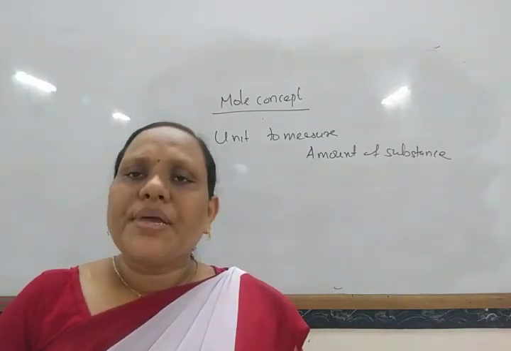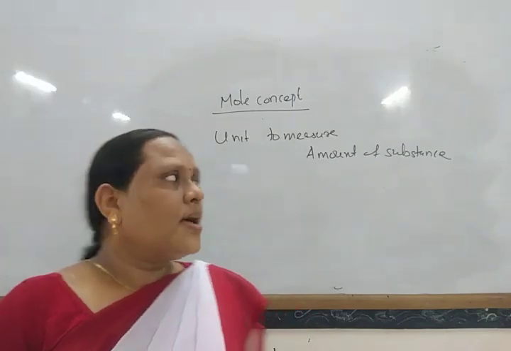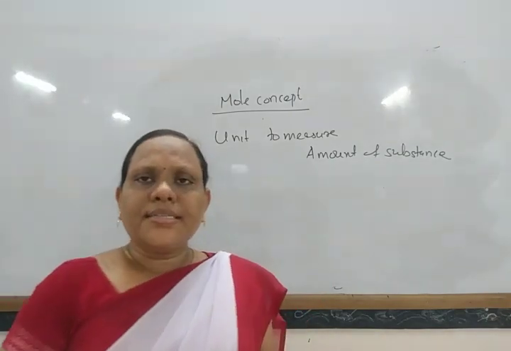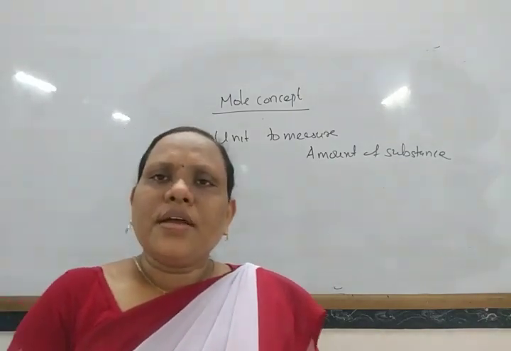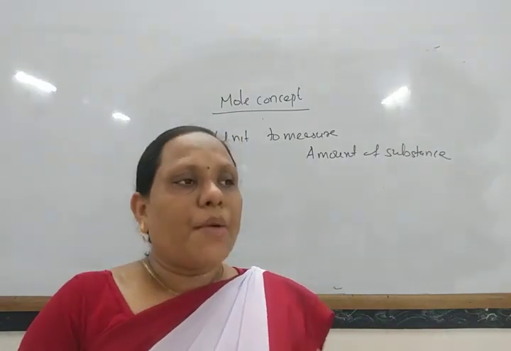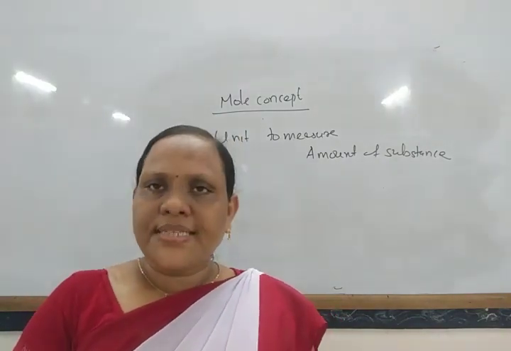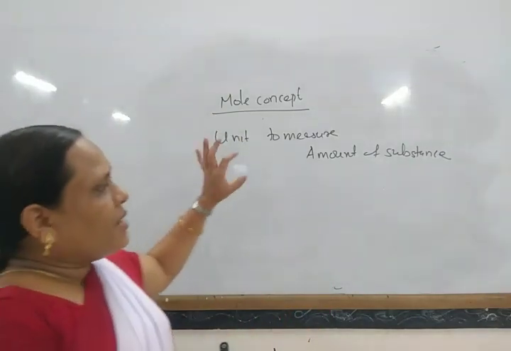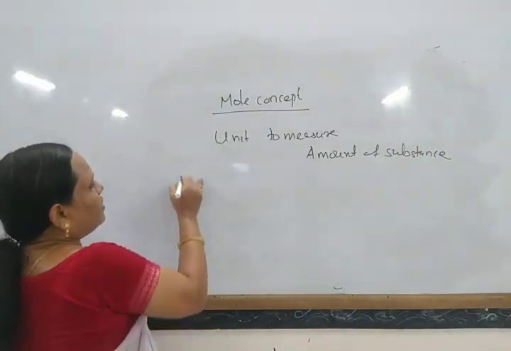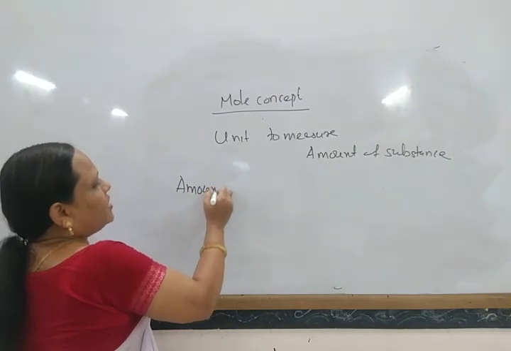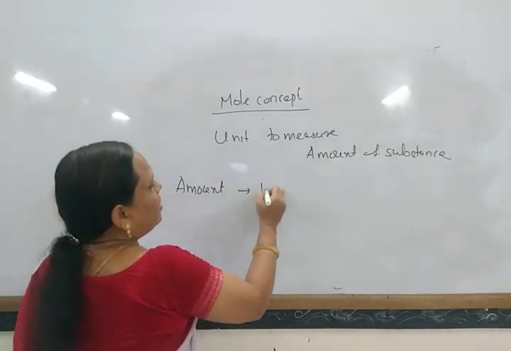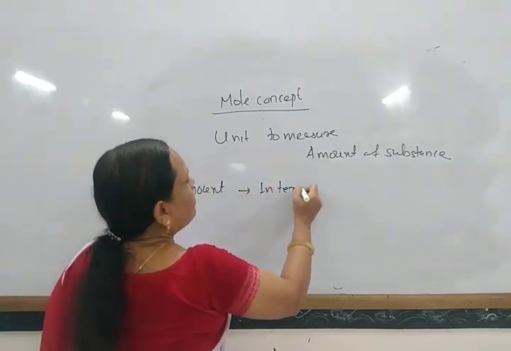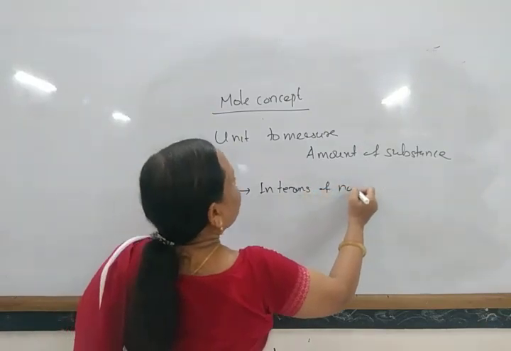And how can we measure the amount of the substance? The amount of the substance may be measured in terms of number. What is amount? How many pens? How many pencils? So in this way we can measure the amount in terms of number.